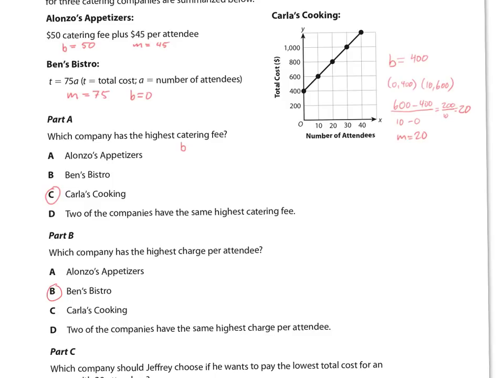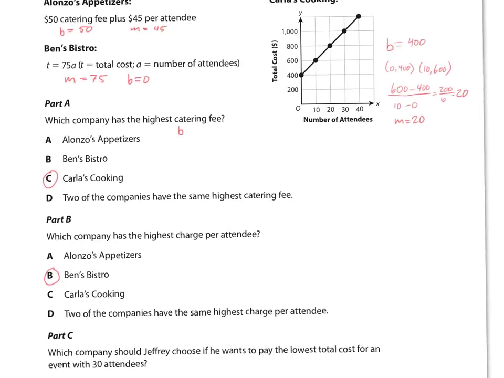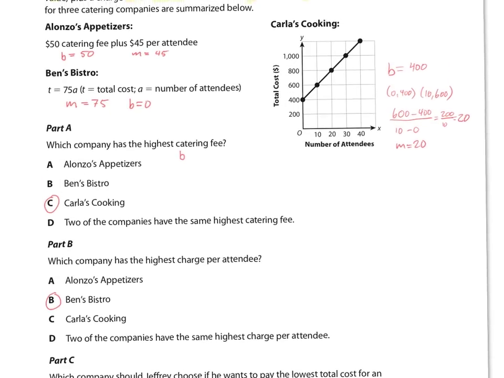And the last one, it says, which company should Jeffrey choose if he wants to pay the lowest total cost for an event with 30 people attending? So what we need to do is actually put it into perspective. If you look at the table, if you go to 30 people, he's going to spend $1,000.